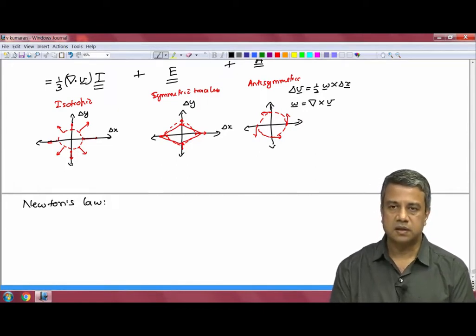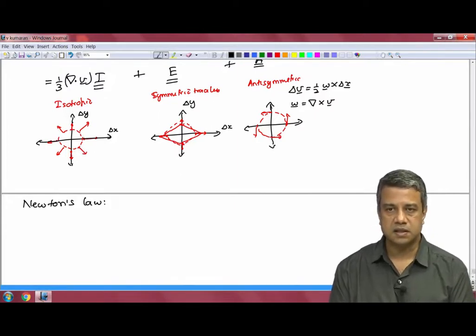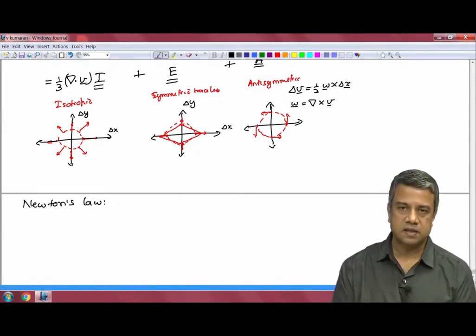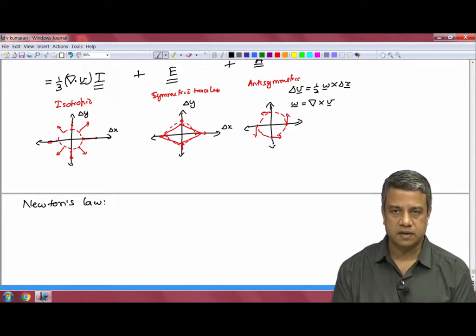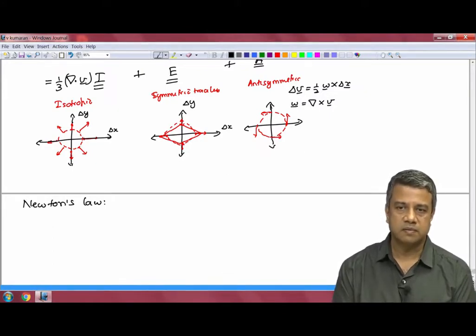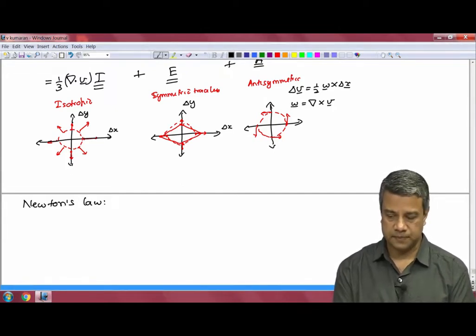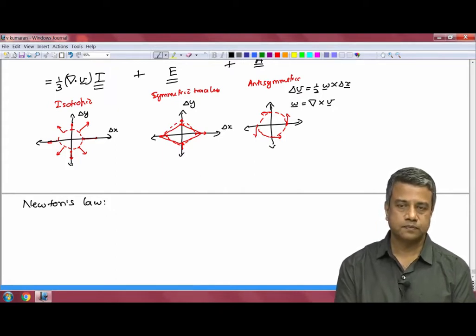In Newton's law, the fundamental assumption is that the stress tensor is related to the gradients of the velocity. It is a linear relationship in the gradient of the velocity. Just as the flux is proportional to gradient of concentration and the heat flux is proportional to gradient of temperature, the assumption here is that the stress is proportional to the gradient of the velocity.